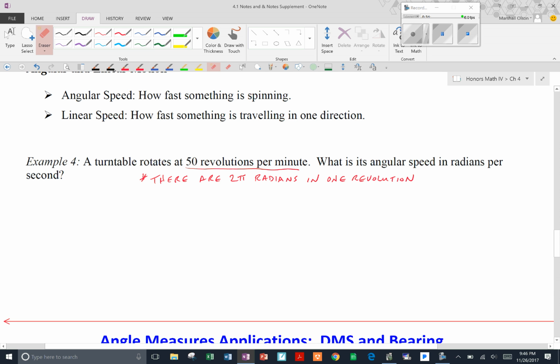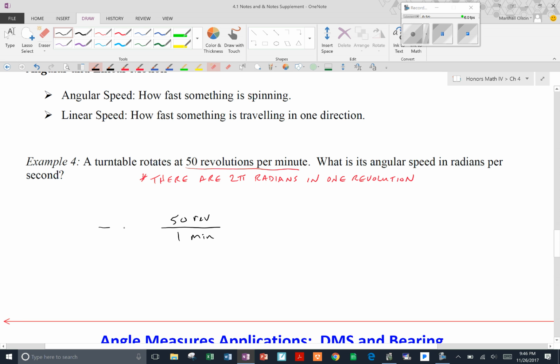Okay, so here's what we're starting with. We have 50 revolutions in 1 minute. All right. Actually, I'm going to change this up a little bit, because I think in your science class, I'm hearing people do it this way. If we're going to be converting two things, because we're converting both the revolutions into radians, and we're going to turn the minutes into seconds, that we go out in two different directions.